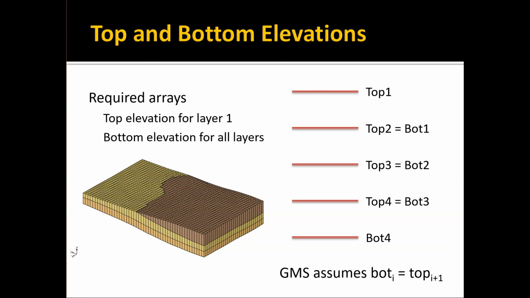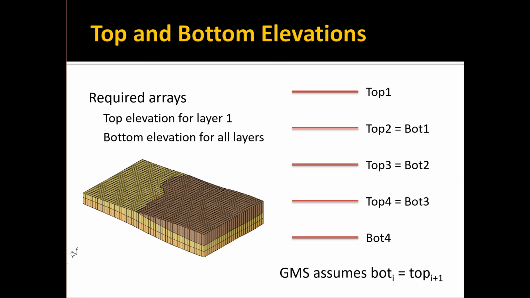So if you have, in this case, a 4-layer model, it's shown as a 3-layer on the left, but the diagram on the right is actually a 4-layer model. You would end up with 5 arrays: top 1, top 2, top 3, top 4, and bottom 4.